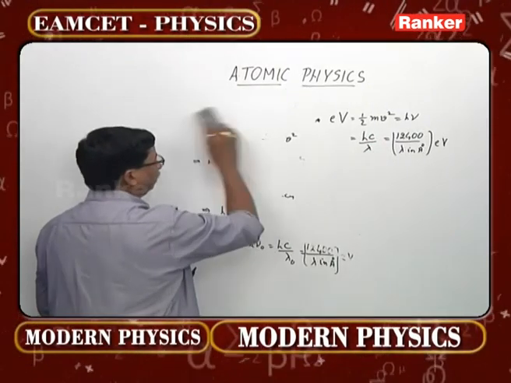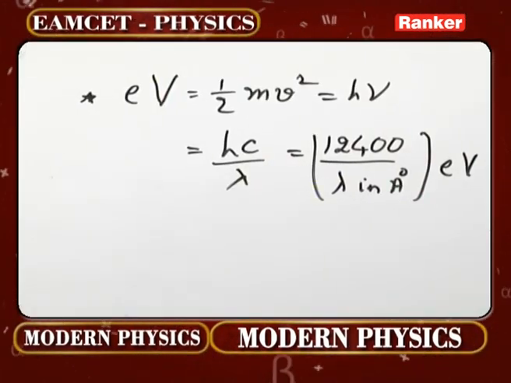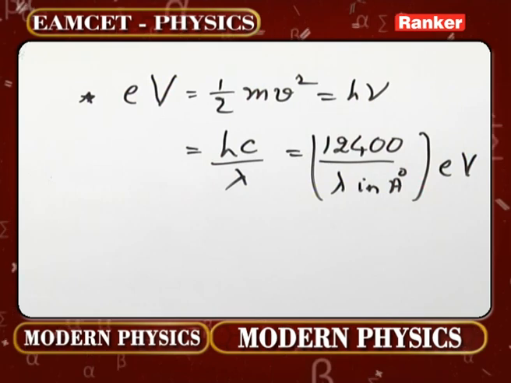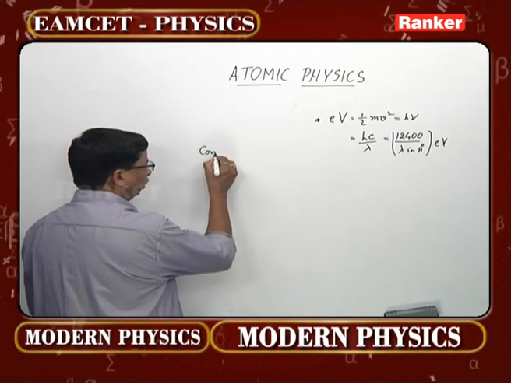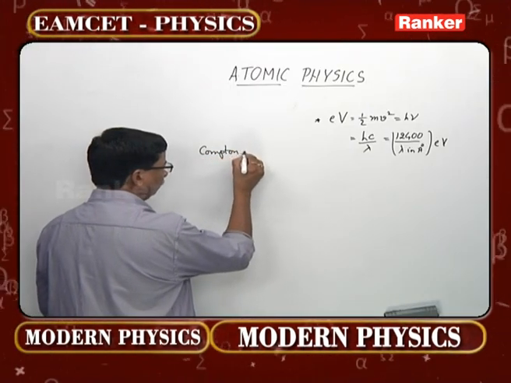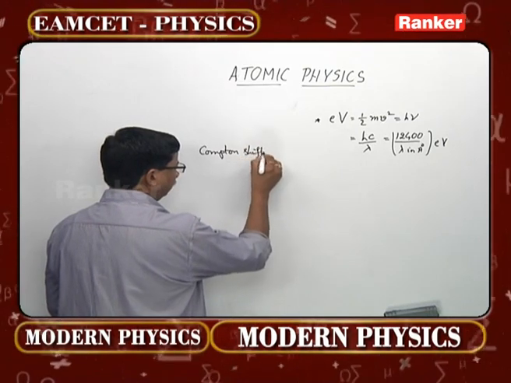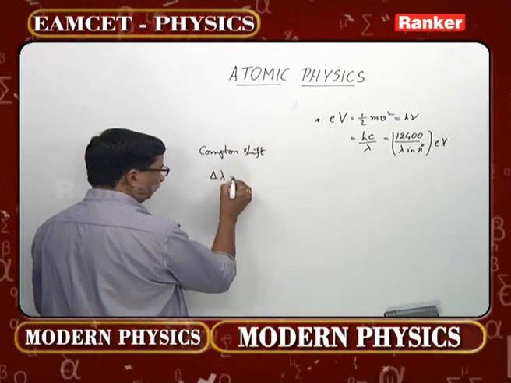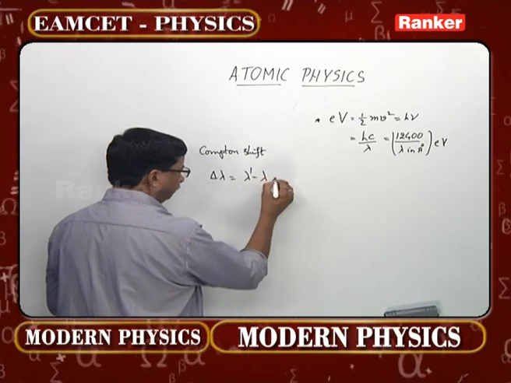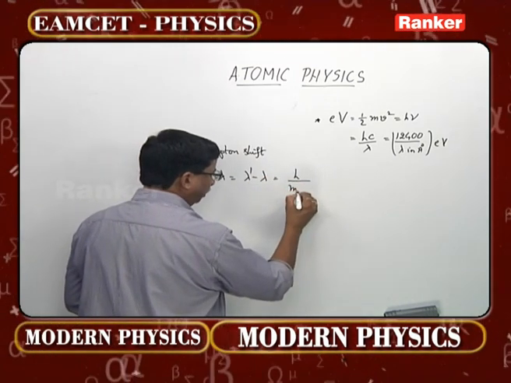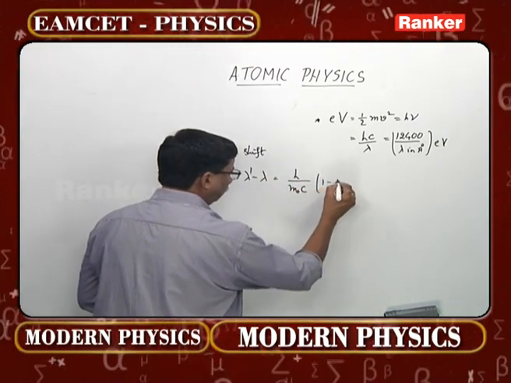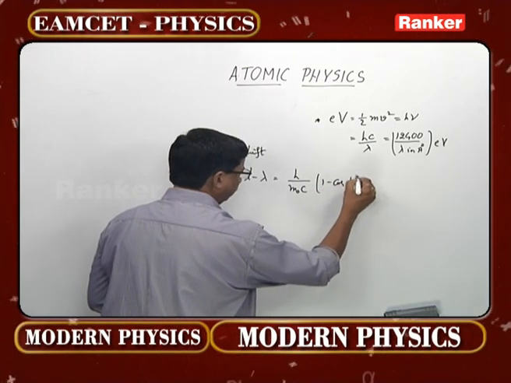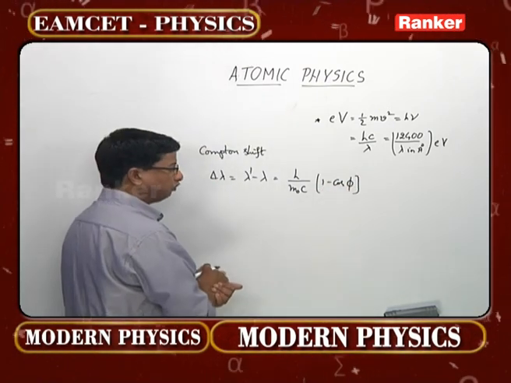Now, come to the next one here, that is regarding Compton effect. One point you have to remember in this case is, what is Compton shift? You can all understand this general formula, delta lambda, which is lambda dash minus lambda, equals h by m naught c into 1 minus cos phi. That is actually the formula we used to take up.